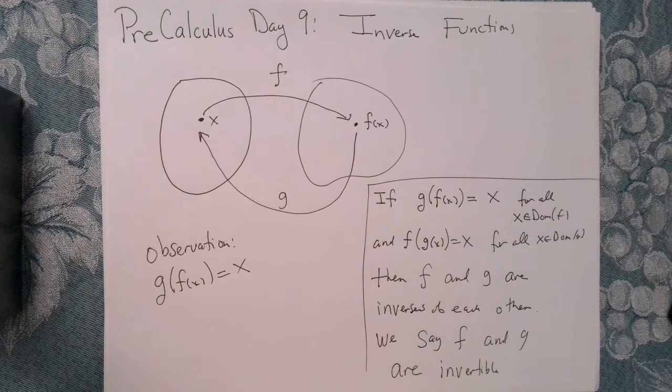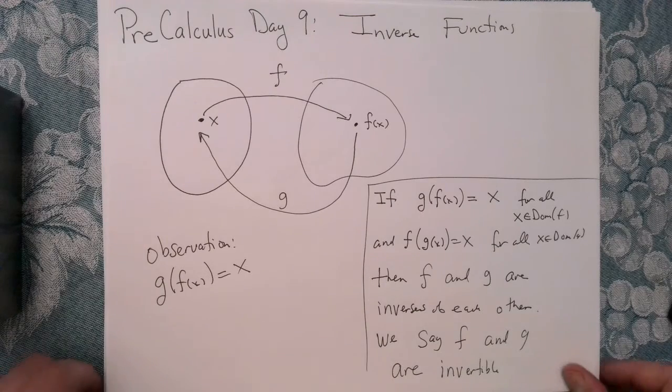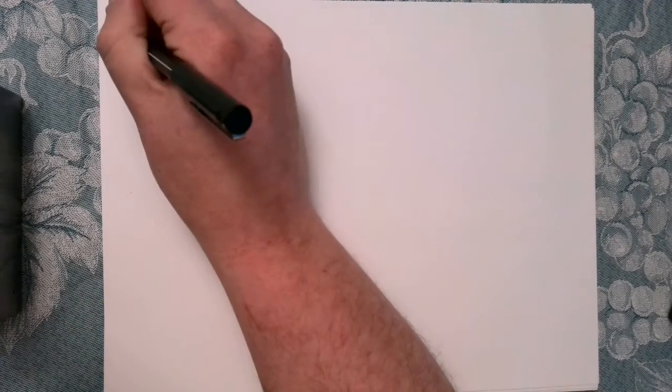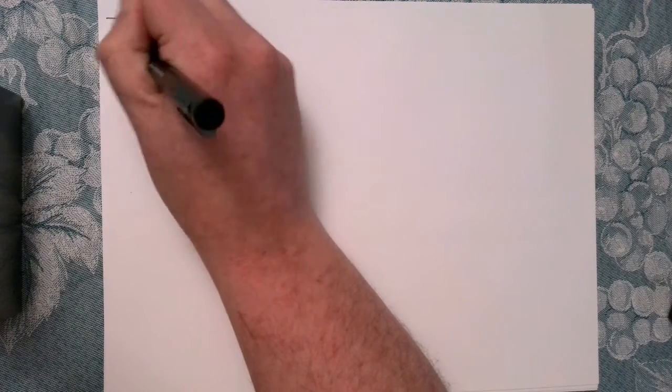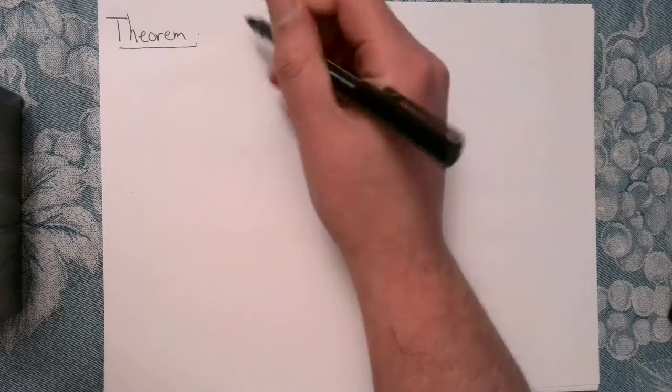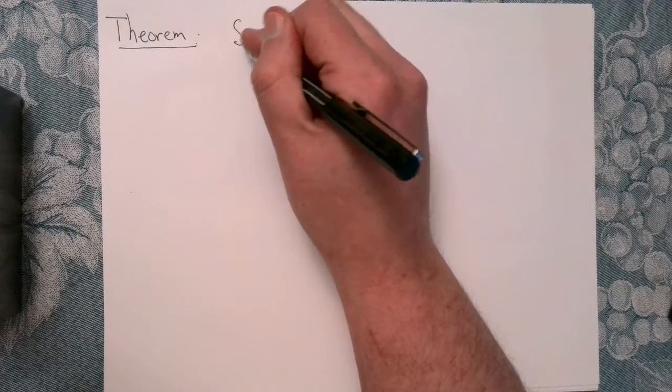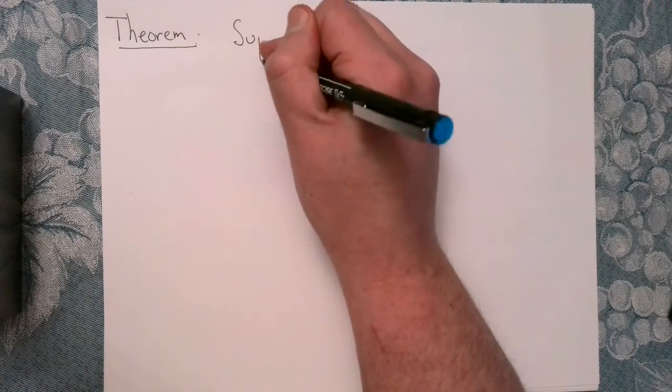Okay, so let's get a corresponding theorem. We're going to have a lot of technical theorems to work out, but it'll be worth it. We'll get a strong theory of inverses through this. Okay, so corresponding theorem. So I'm going to say, suppose f and g are invertible functions.